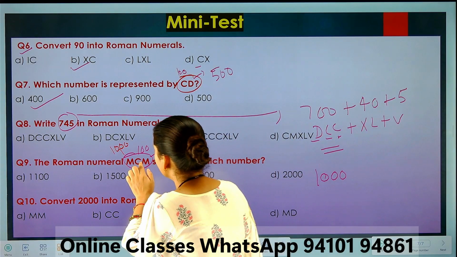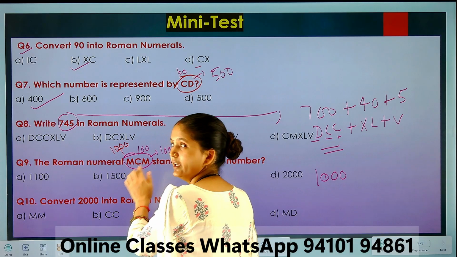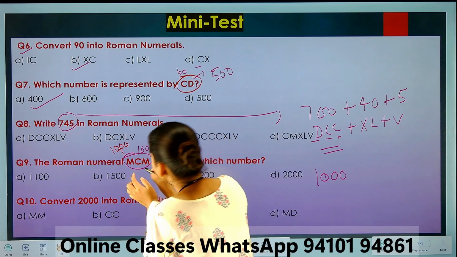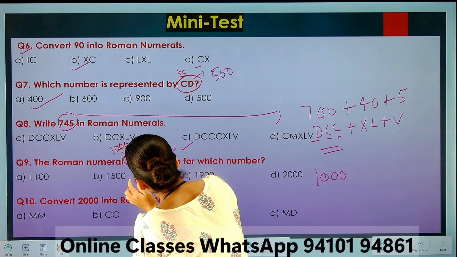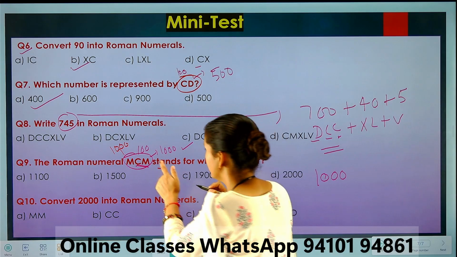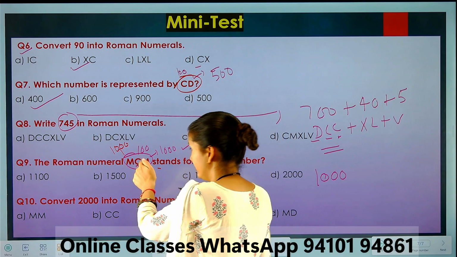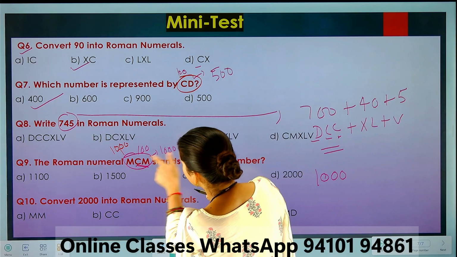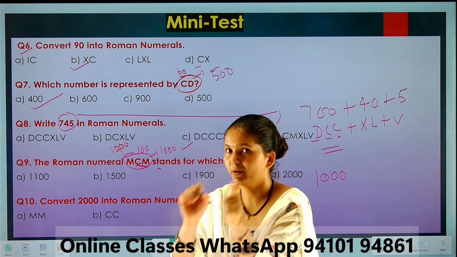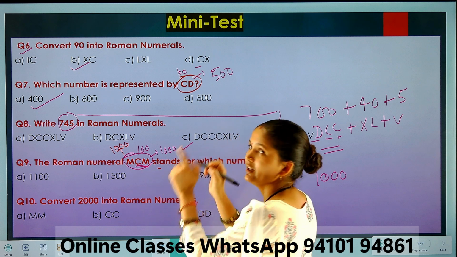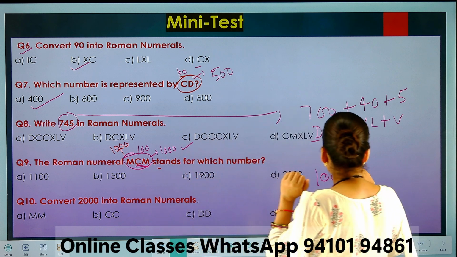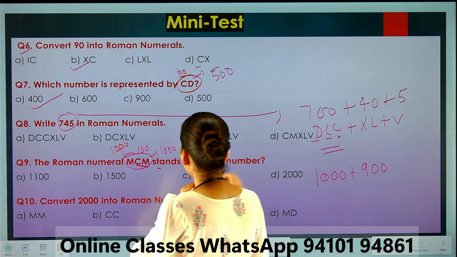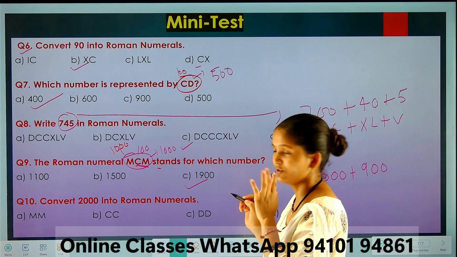Then look, there is a smaller value before a bigger value. So the subtraction rule is followed for these two because it is opposite. At first is smaller than bigger. So that's why the subtraction rule. You know that this is 1000 and this is 100. So we will subtract 100 from 1000. So we will get 900. So 1000 plus 900 is equal to 1900. So C1 is the correct option.